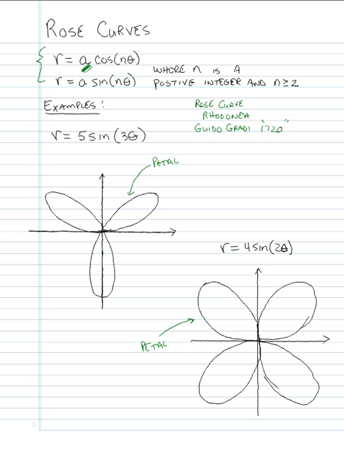And we can predict something about these petals by looking at the equation. The absolute value of a is the length of the petals. That's the length of a petal. So in our example in this case, the petal length is 5.